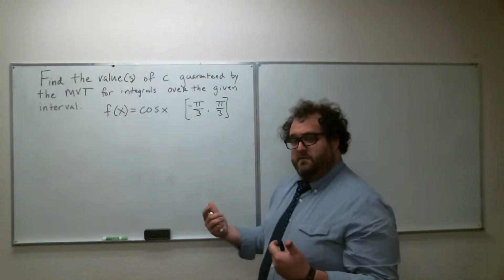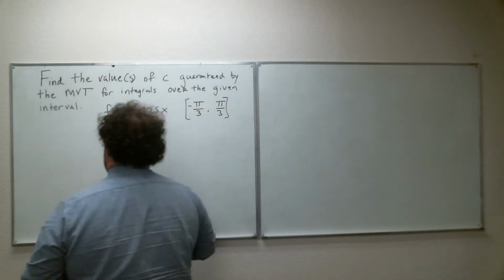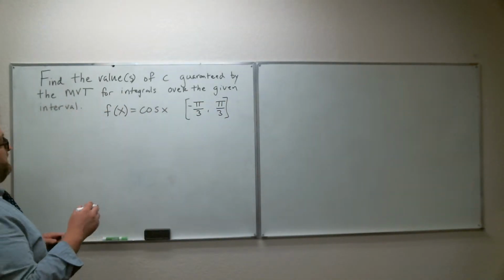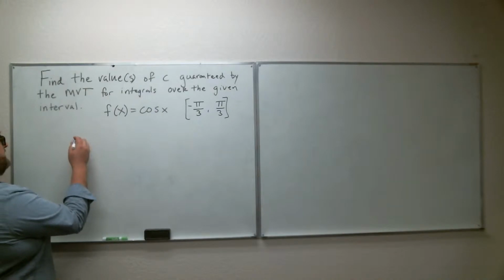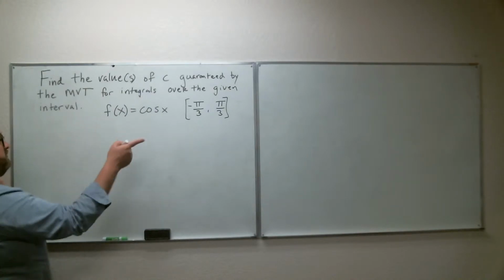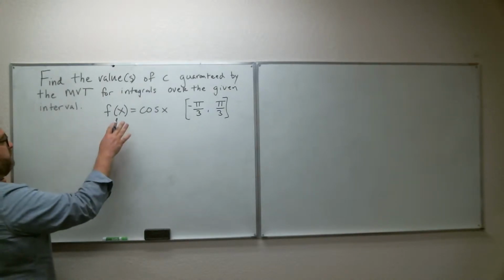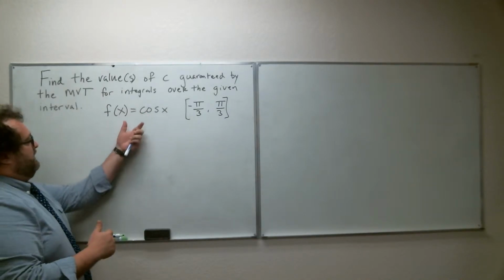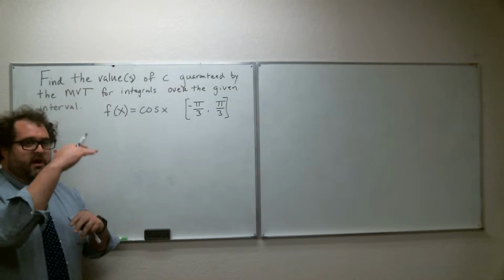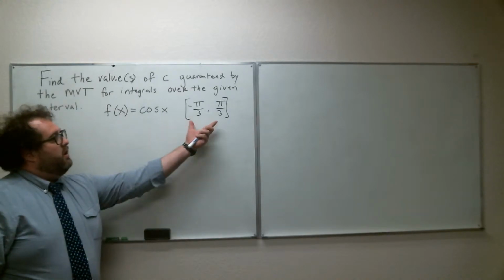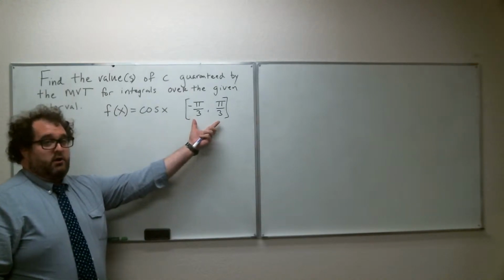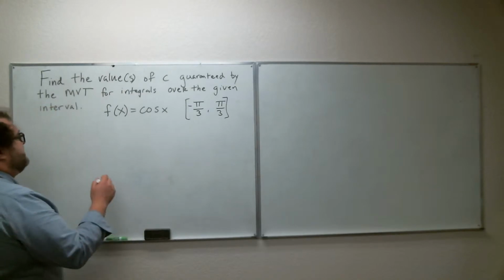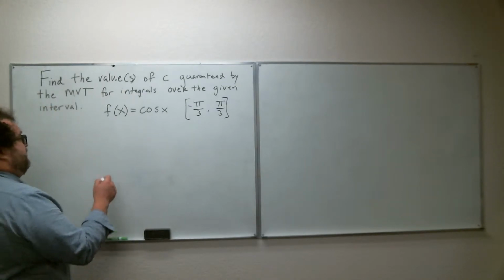So first things first, what is the mean value theorem for integrals? The mean value theorem for integrals says this: the average value, and by average value we mean average y value, the average height of the curve over this closed interval, is given by the following expression.